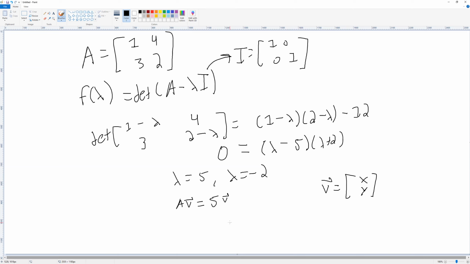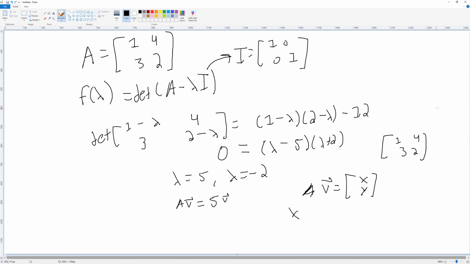Then A times v equals another vector, but I'm not going to write this as a vector. Instead, I'm going to write this as a system of equations. I'll write out A again here: 1, 4, 3, 2.